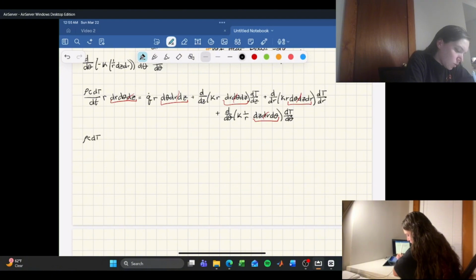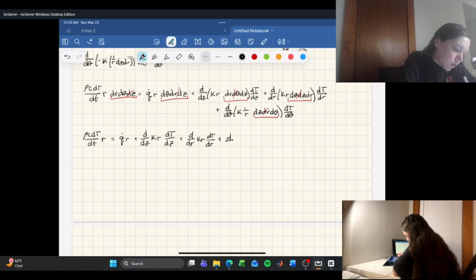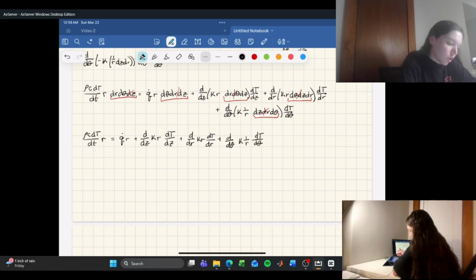Density times heat capacity, change in temperature over change in time, times the radius, is equal to the rate of heat flow times the radius, plus d over dz of thermal conductivity times the radius, the change in temperature over change in position on the z-axis, plus d over dr, thermal conductivity times the radius times the change in temperature over change in the radius, plus d over d theta times the thermal conductivity, 1 over r, change in temperature over the change in theta.